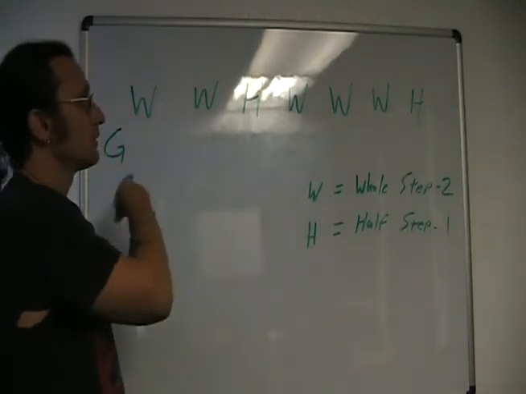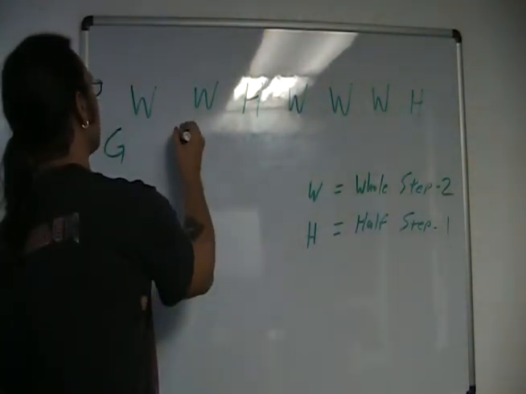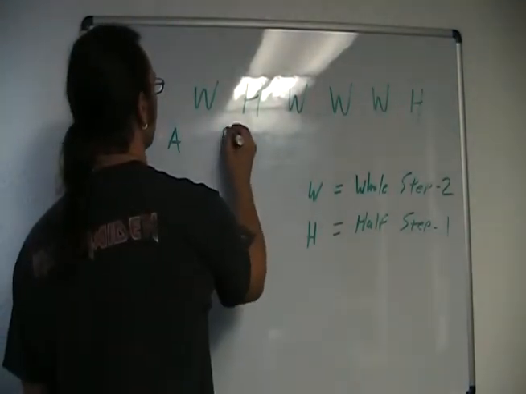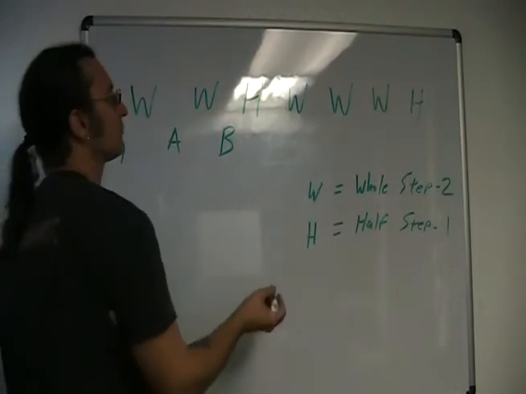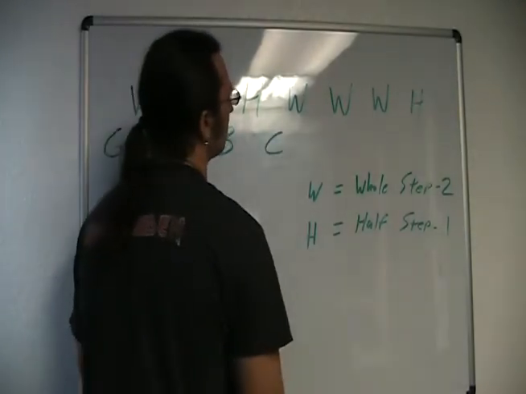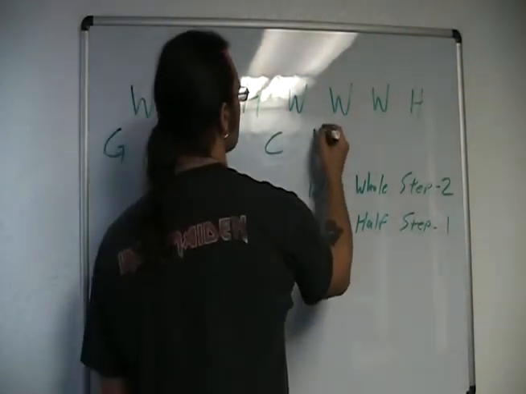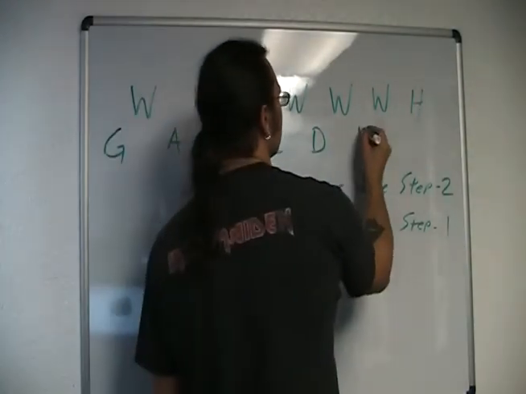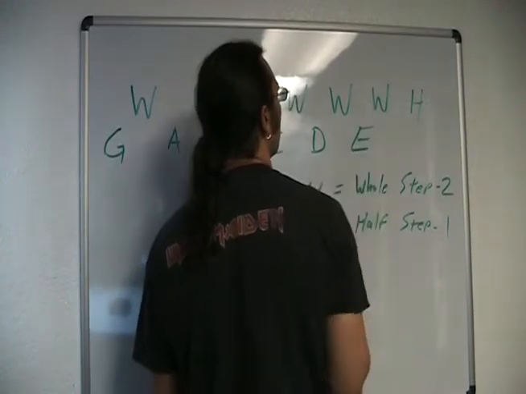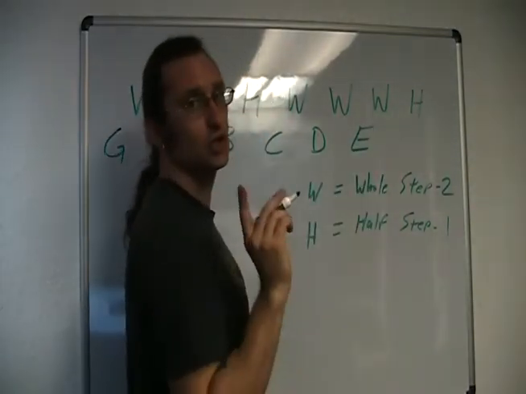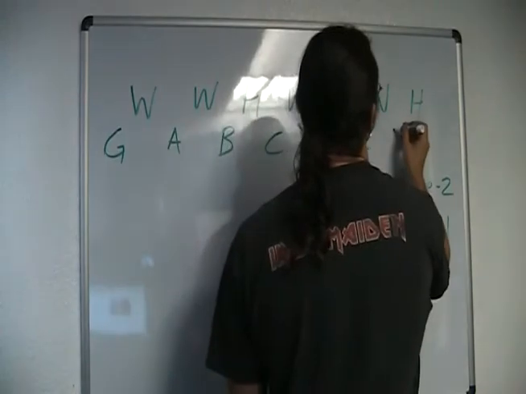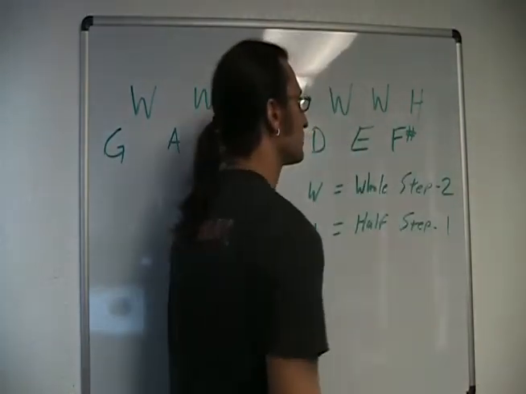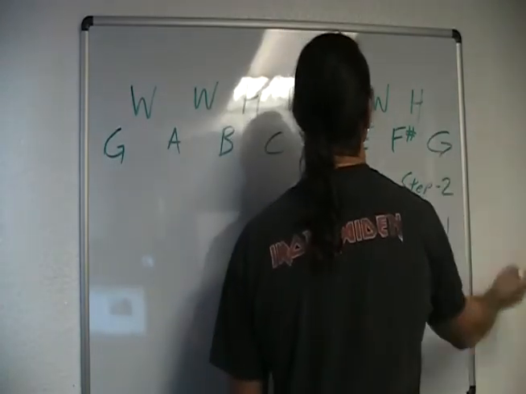So we go up a whole step from G, that's A. Whole step up from A is B. Half step up from B is C. Whole step up from C is D. Whole step up from D is E. A whole step up from E is F sharp. And then a half step up from F sharp, we come back to the root note G.